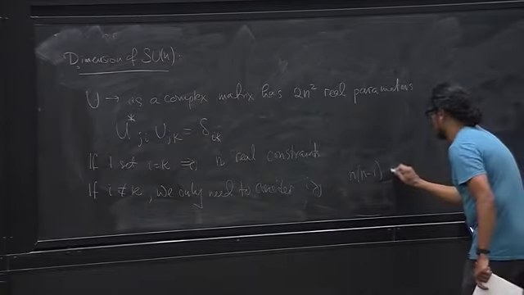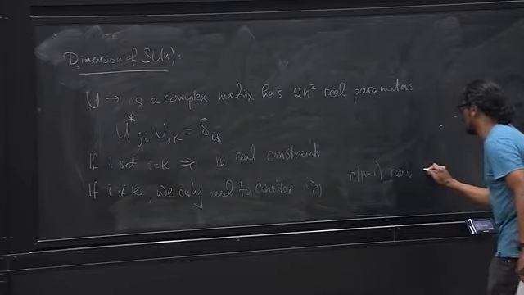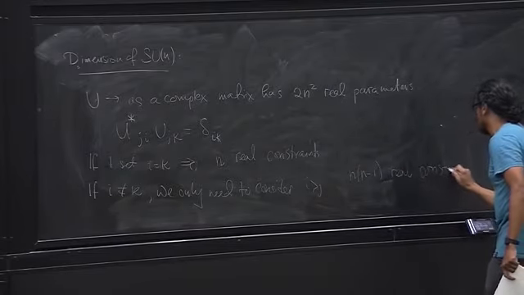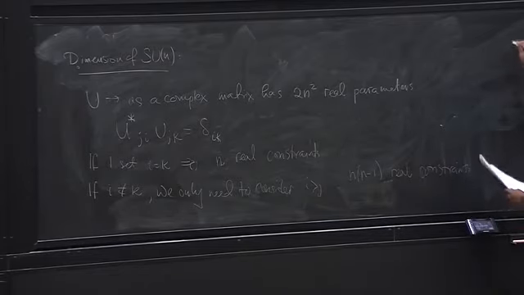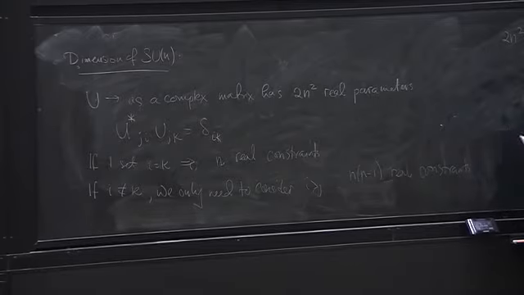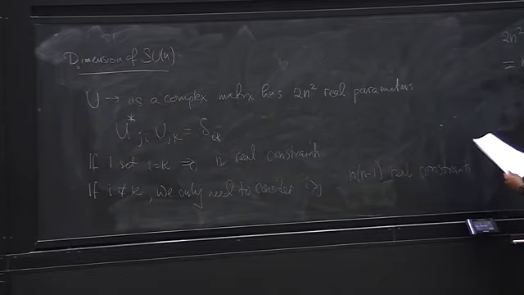So if I now subtract these, we get n squared parameters.